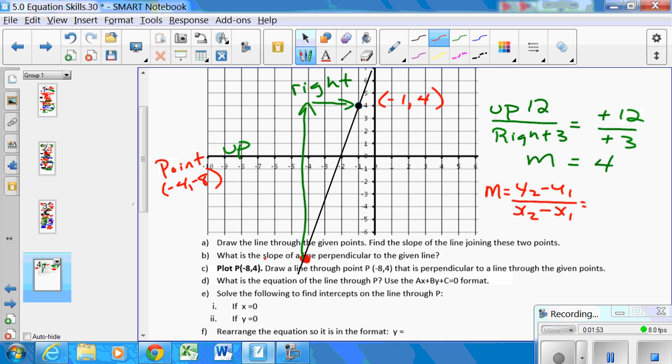If I look at my y values and I subtract them, I have -8 minus 4, and I have -4 minus -1, or else you have them completely opposite. When I do the math then, I have -12, and -4 plus 1 is -3.